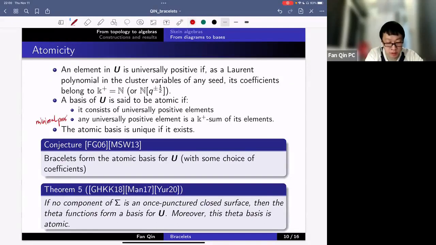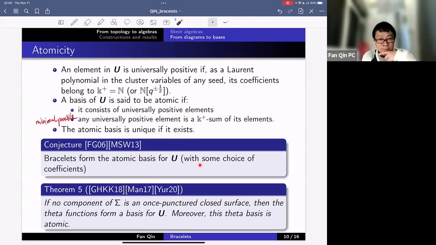So it is minimal possible, by which I mean that any universally positive element is in fact a positive sum of the basis elements. By definition, the atomic basis is unique if it exists, but the existence is open in general, I think. And the conjecture by Goncharov in a slightly different language, and also by Musiker-Schiffler-Williams, is that the bracelets form the atomic basis.